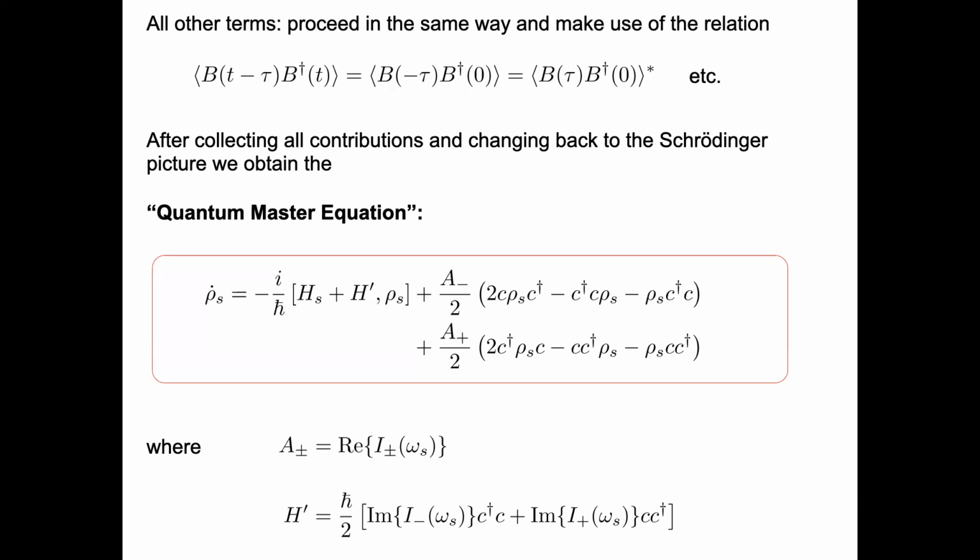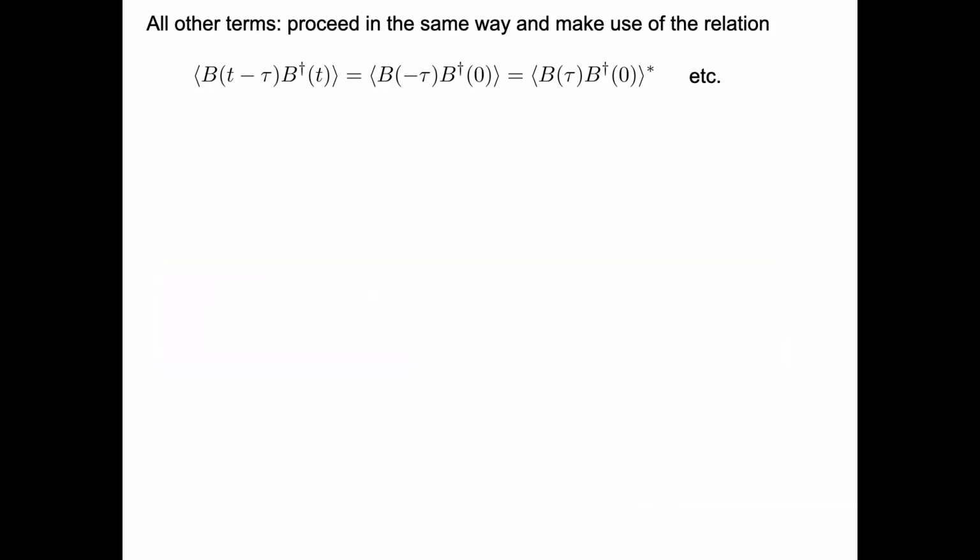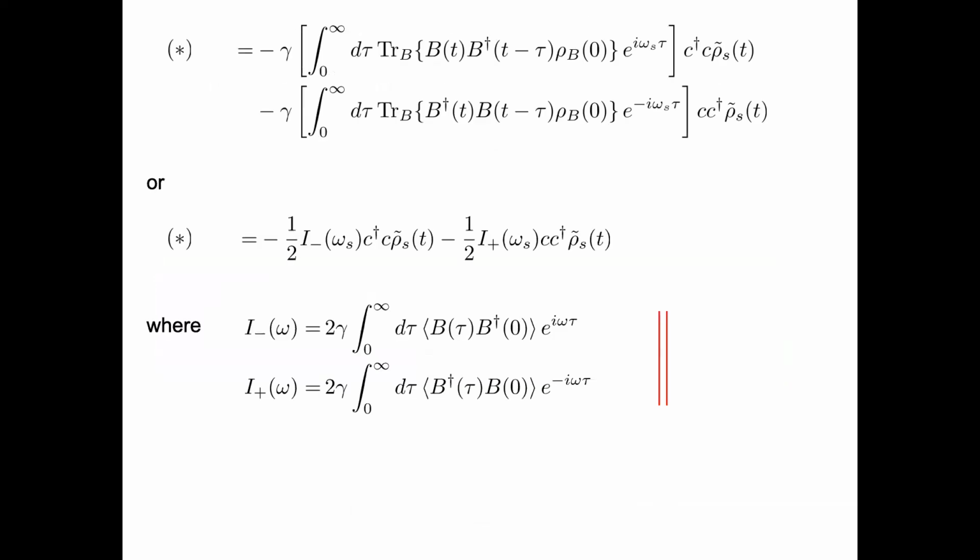And this is rho dot. So what you have here are rates: a rate A minus and a rate A plus. And these rates are given, quite generically, by the real part of these integrals that we have obtained before. So more generally, suppose you have the system-bath interaction, with a bath operator.